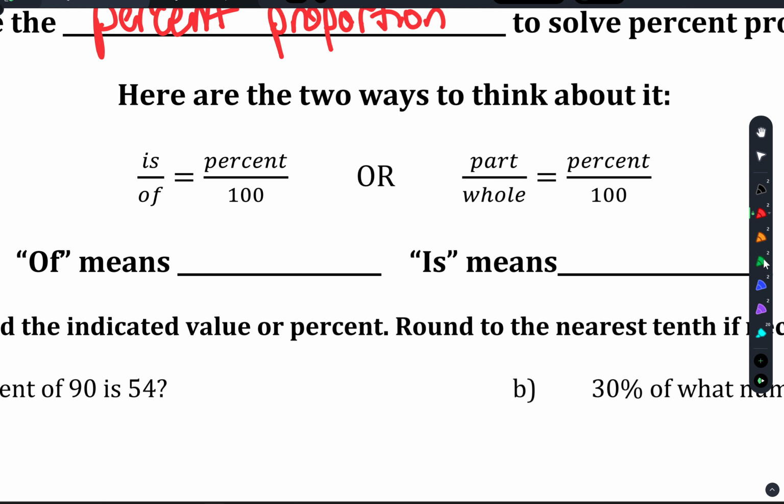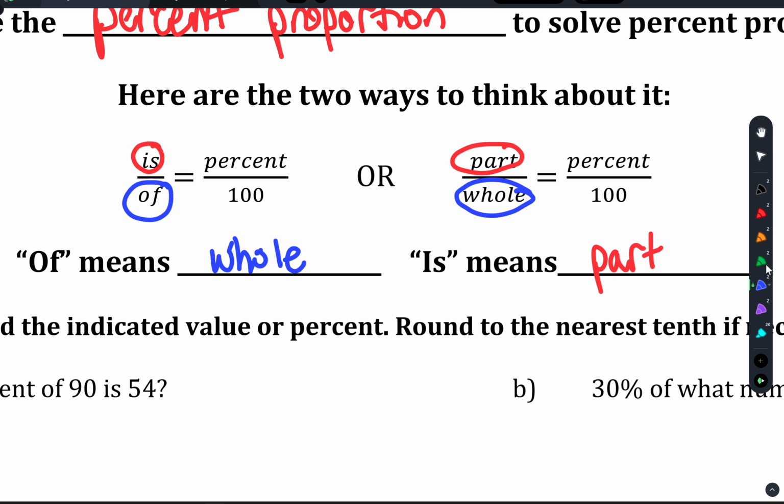Let's start with of. Of represents the whole. So 3% of 50, that's the whole number. And then is represents the part. So we are going to see is and part interchangeably. You are going to see of and whole interchangeably.